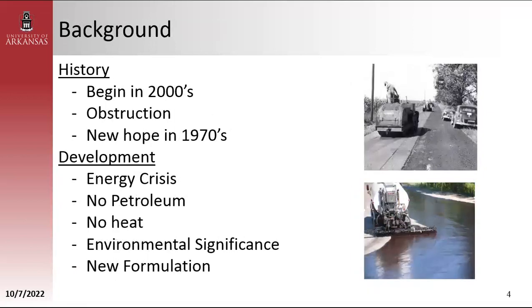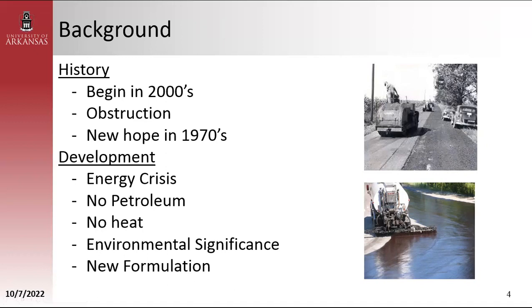Asphalt emulsion began to be used in paving applications in the decade of 2000. At first it faced some obstruction, but it was initially developed in the 1970s.